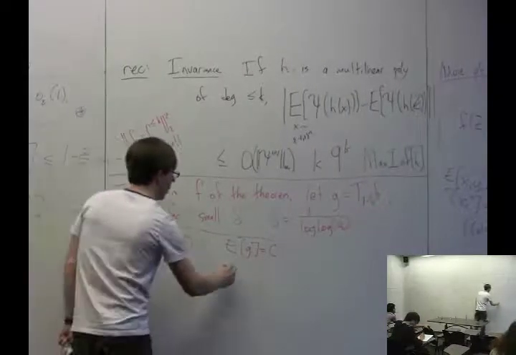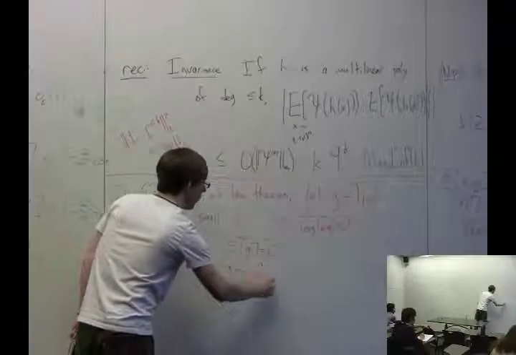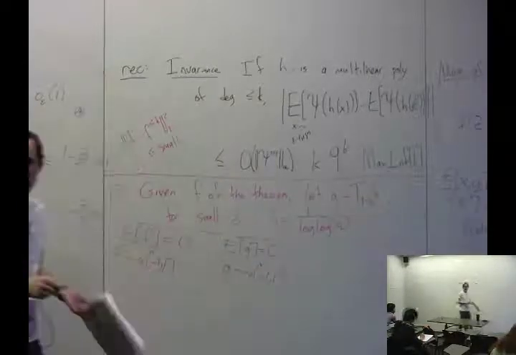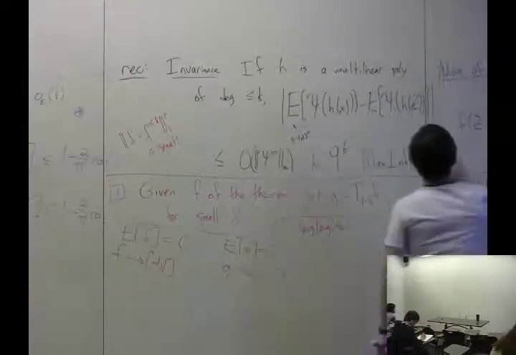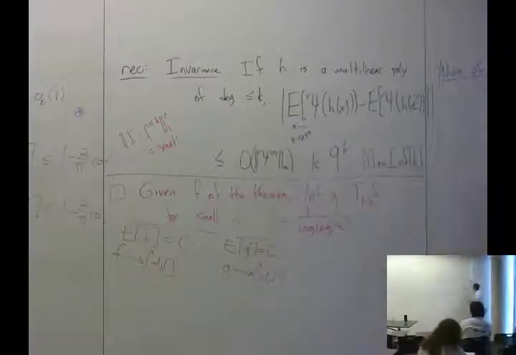I claim, therefore, G also maps into the range -1, 1. The reason is, remember, T_rho of F at a point X is like the average of F's values over some neighborhood of X. So if F is always between -1 and 1, then so is its average over a bunch of points. Therefore, G also maps into the interval -1, 1.